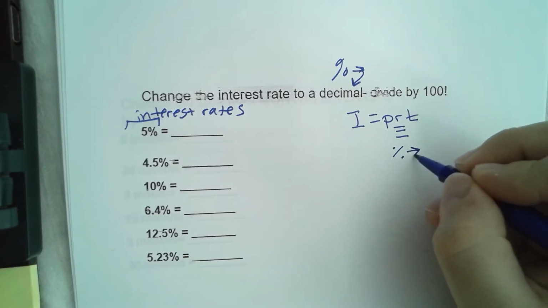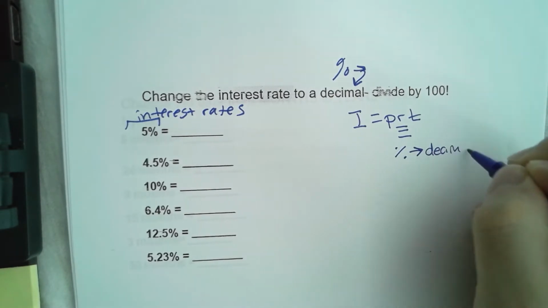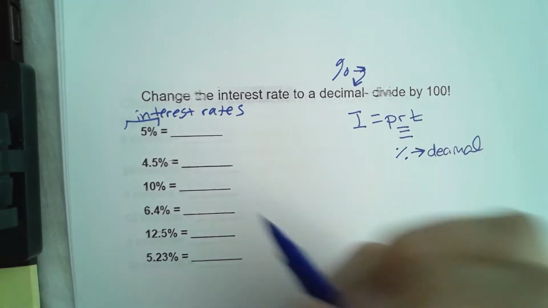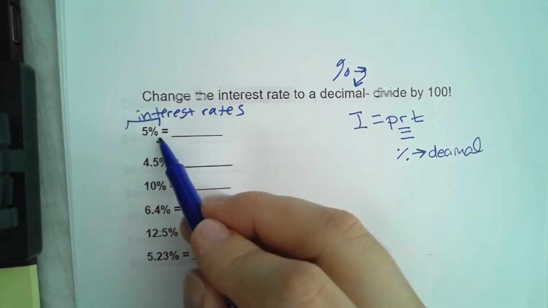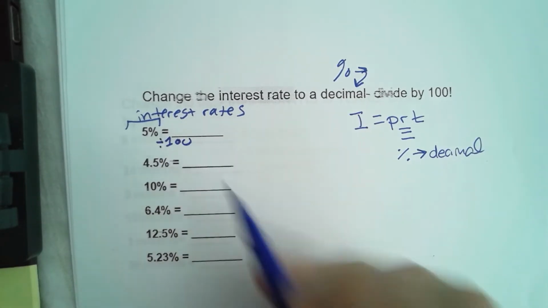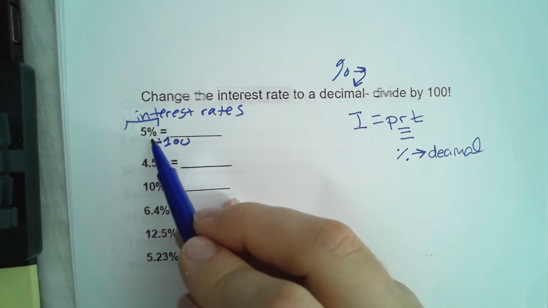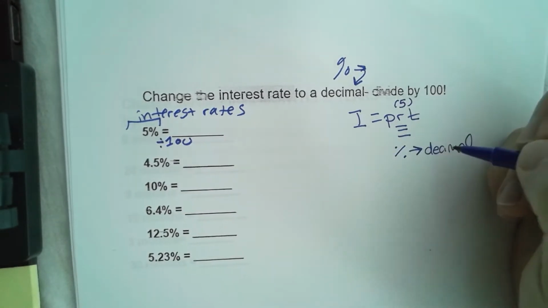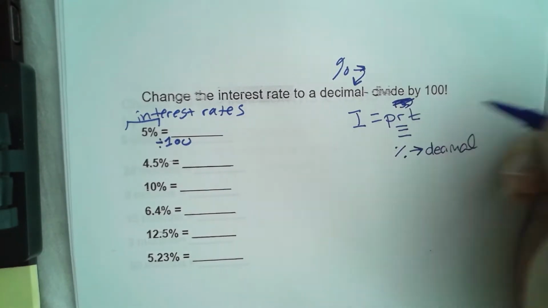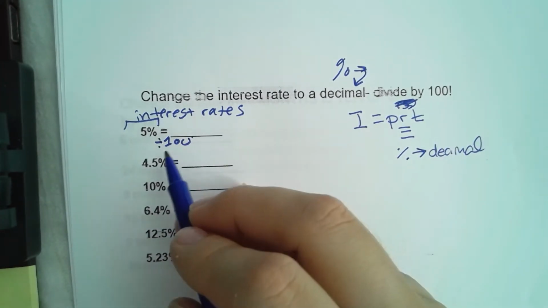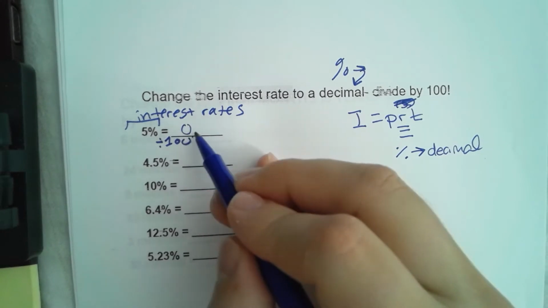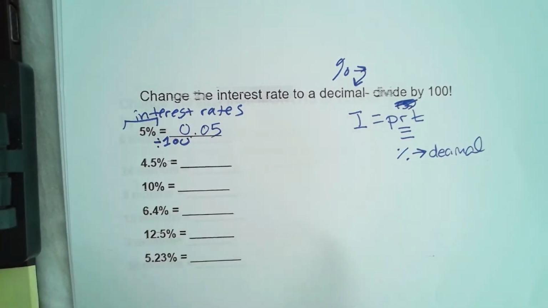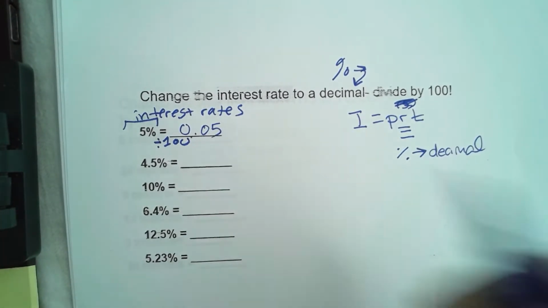And you need to change this percent to a decimal. And it's really easy. All you have to do is divide by 100. So 5% interest, that does not mean you're going to multiply by 5. No. You need to change this to a decimal by dividing by 100, and you're going to get 0.05.